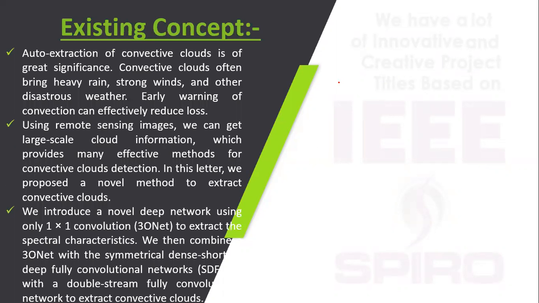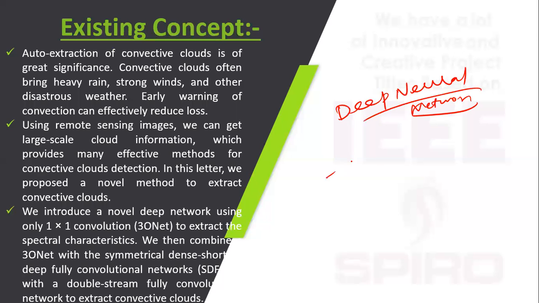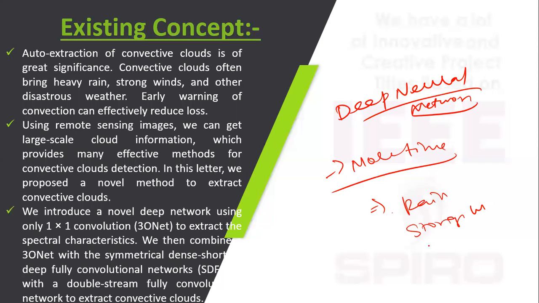In existing systems, they used a deep neural network. A deep neural network takes more time. Next is a model used for early warning of rain and strong wind with the help of satellite images.